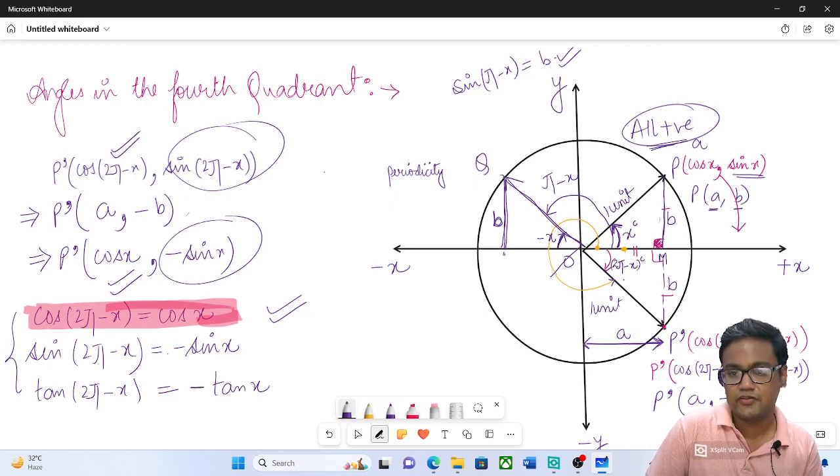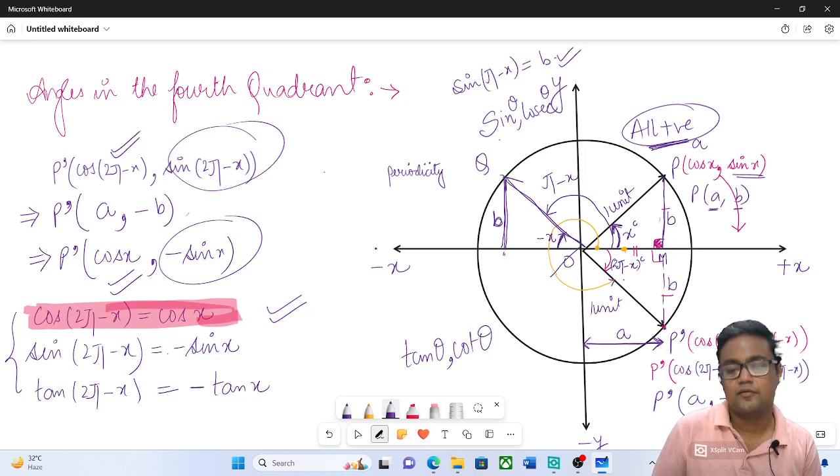Here in the first quadrant all are positive. In the second quadrant only sine and its reciprocal cosec are positive, right, and we should add a theta over here. In the third quadrant we have seen tan theta and cot theta are positive, and in the fourth quadrant we have recently seen that cos and the secant of theta or x radians are positive.